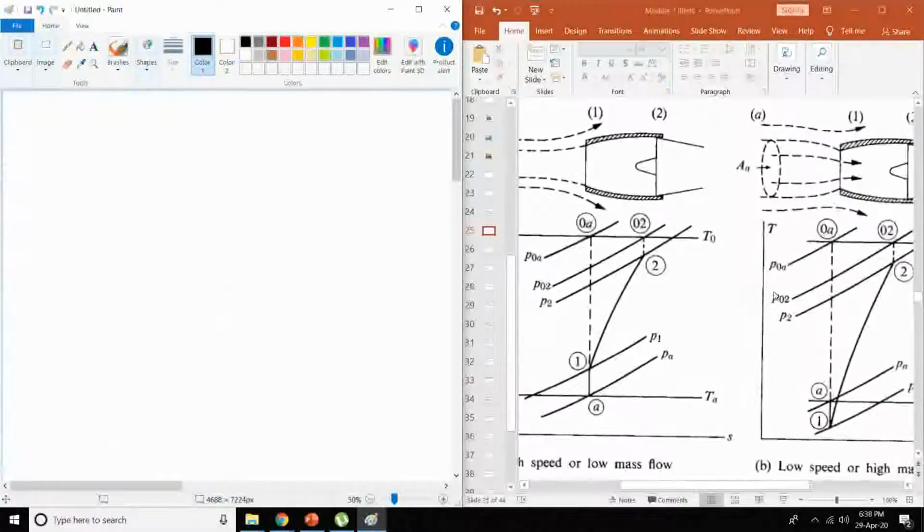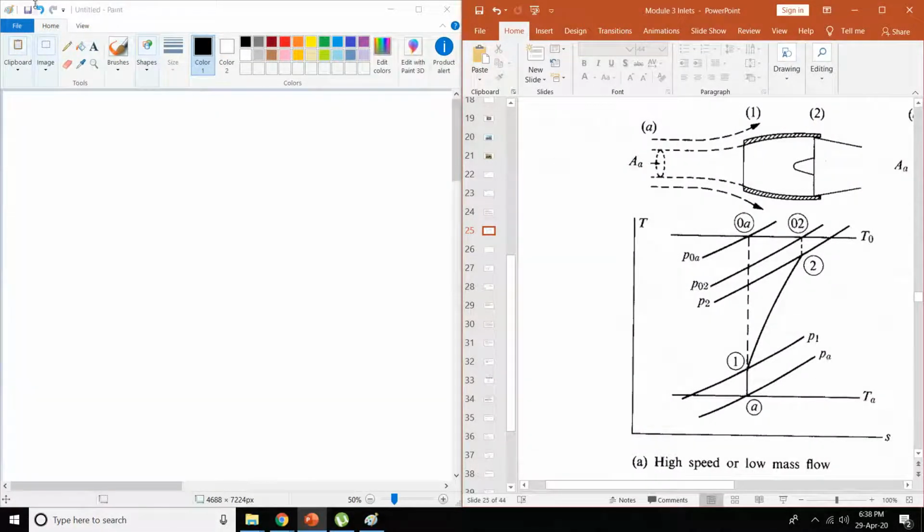So if you just see this diagram, isentropic efficiency. When you have an adiabatic process, you define the amount of isentropic work that you could have gotten out of the actual work. Here the actual work is from 1 to 2, but your isentropic work would be 1 to this stagnation point.